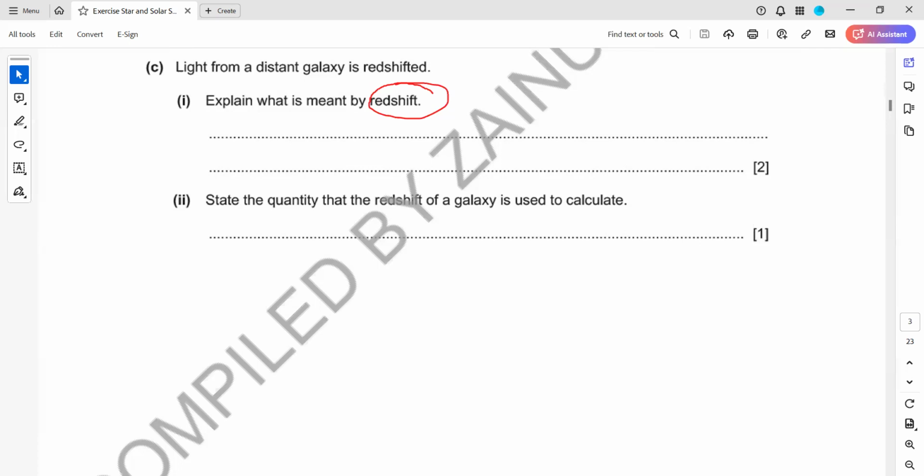But you don't say wavelength emitted. If you write that the wavelength emitted is longer, then it is wrong. You have to say it is emitting out the same wavelength, but because of the motion, it appeared to be longer.